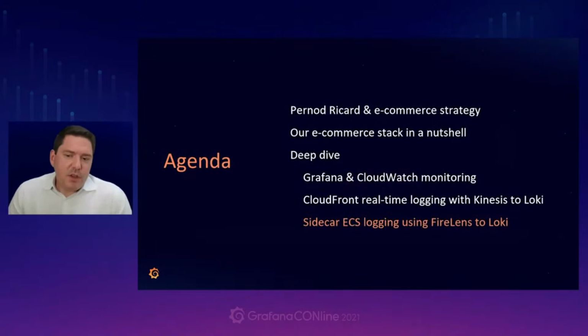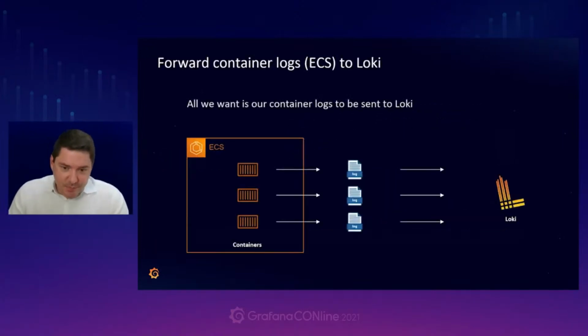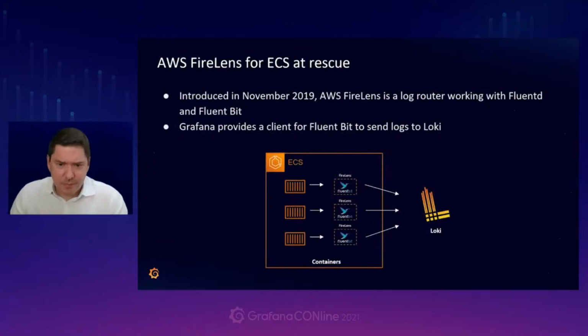Another thing we do with Loki is around container and application logs. So what we want to achieve looks like this. We just want to send the container logs down to Loki. So to achieve that, we're simply going to use AWS FireLens that has been released in November 2019.